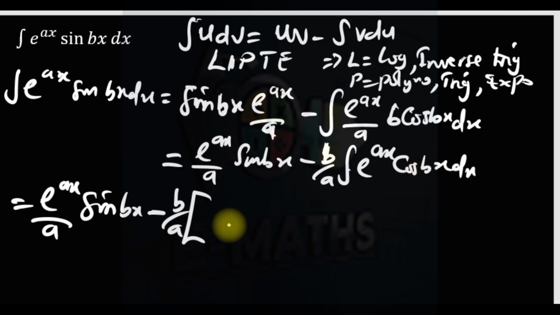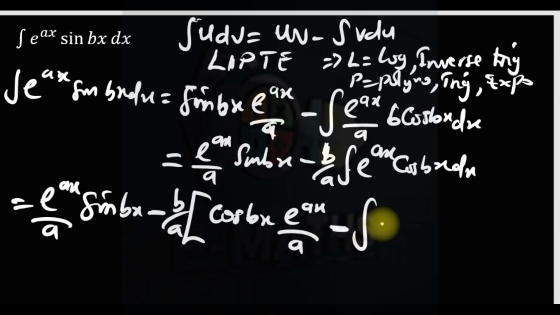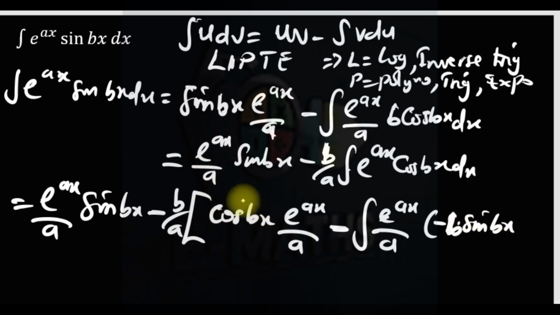So my u is cos bx. If you integrate dv, I still have e raised to the power ax over a, minus the integral of v, which is e raised to the power ax over a, and our du, if I differentiate this, is equal to minus b sine bx dx. That's what you get.